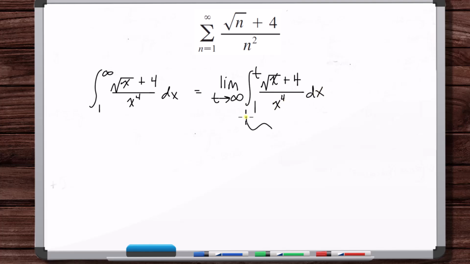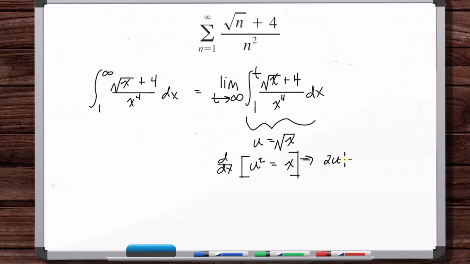Okay, so this integral, we can rationalize this. Let's say that u is equal to root x. So u squared is equal to x. Therefore, we've got 2u du is equal to dx.